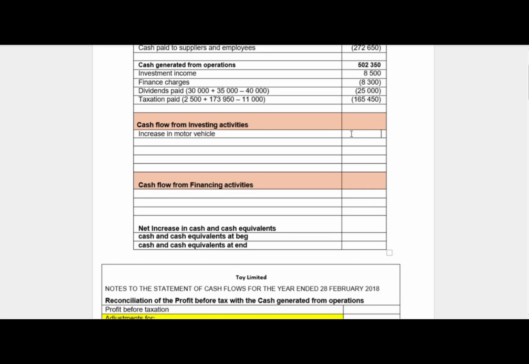Of how much? 130,000. An increase in motor vehicle is an outflow because you took money to go and buy an additional vehicle. Money went out, cash out, right? When money flows out of the business, outflow, we put it in brackets. All right, we are done with this one.